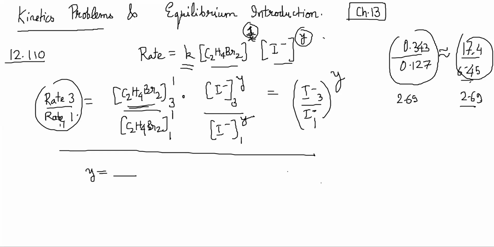Now, let's look at question number 12.112. So he's saying the light stimulated conversion of 11-cis retinal to 11-trans retinal is central to the vision process in humans.